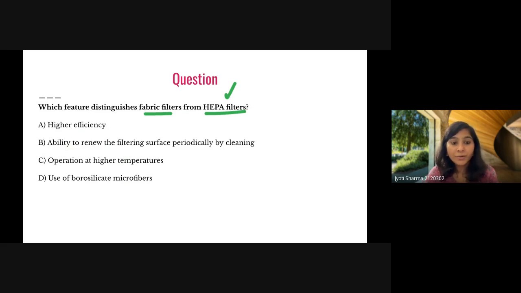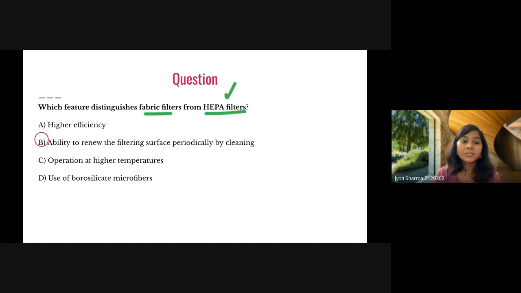So what difference may we have in fabric filter and HEPA filters? High efficiency, ability to renew the filtering surface periodically by cleaning, operation at high temperature, use of borosilicate microfibers. Venkateshwara gave me a B answer.